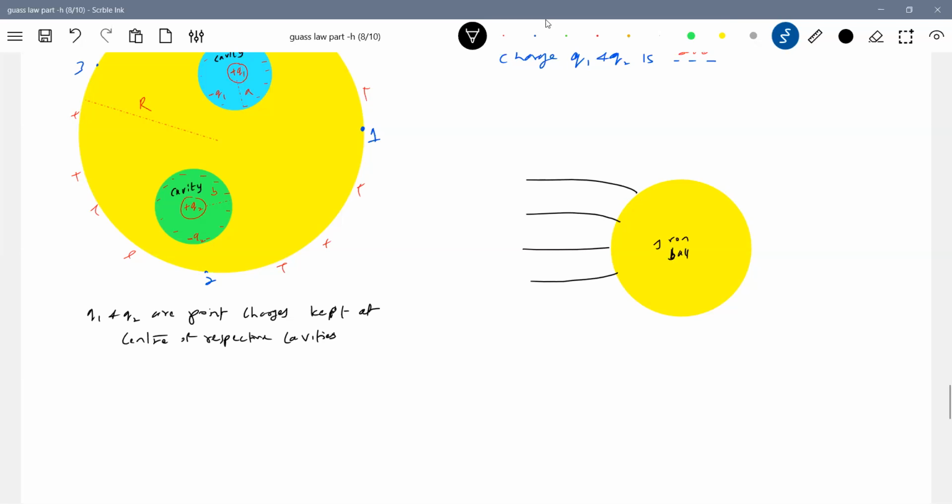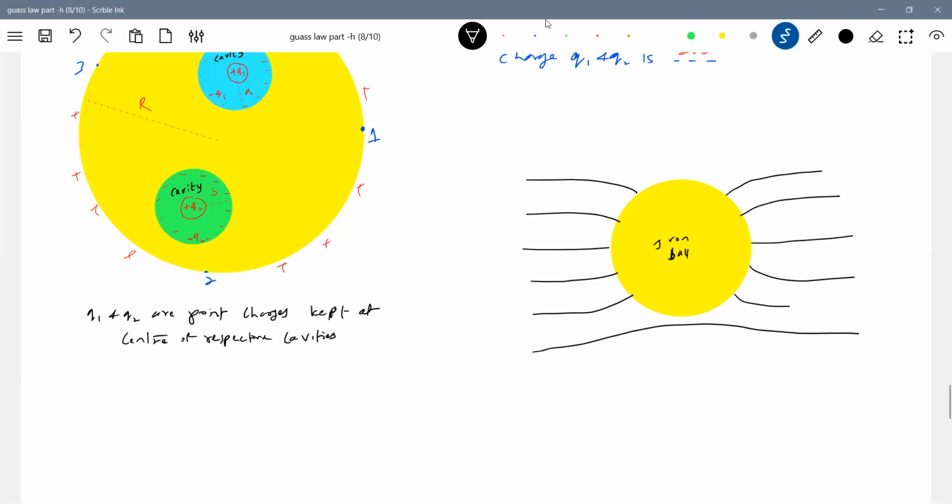We know the electric lines of force should terminate, okay, this will be the electric field. If I remove this sphere, only the field will be uniform.